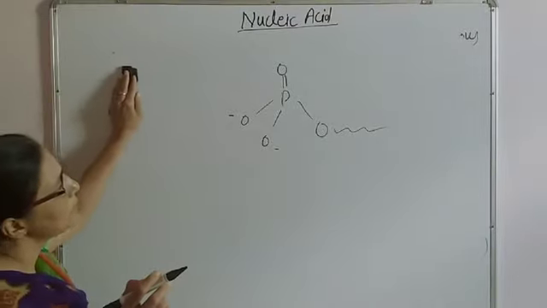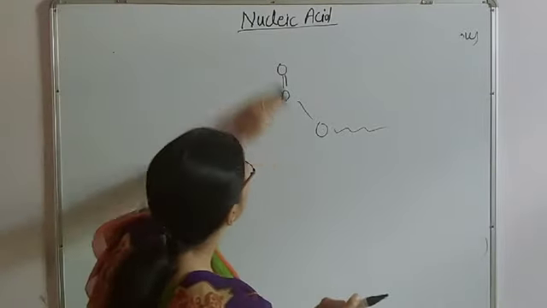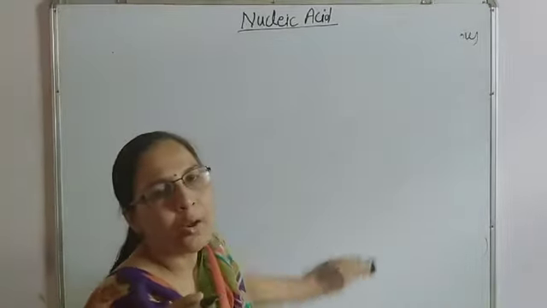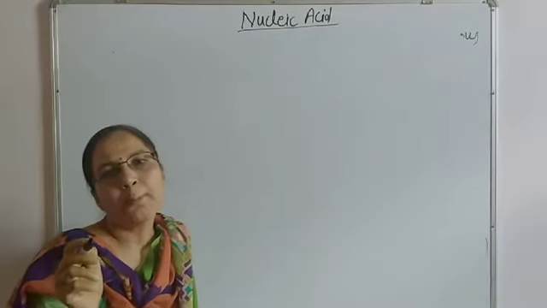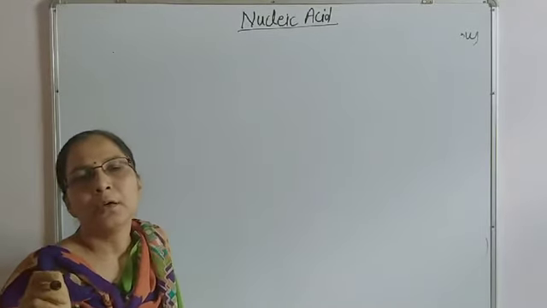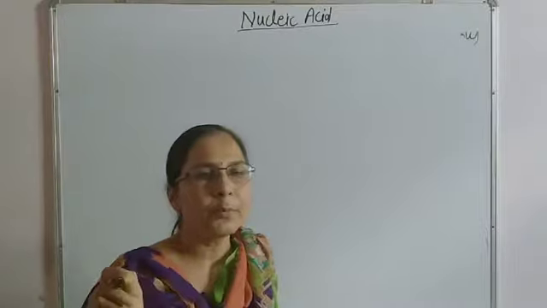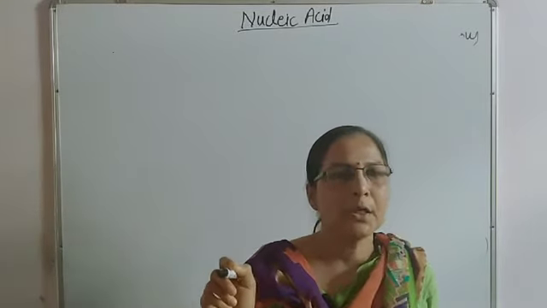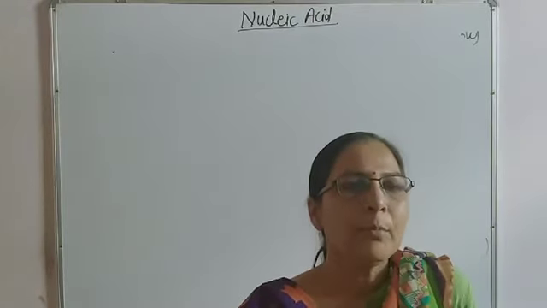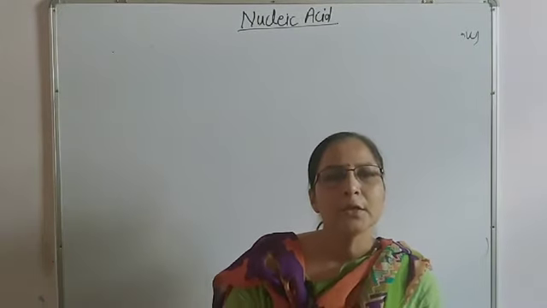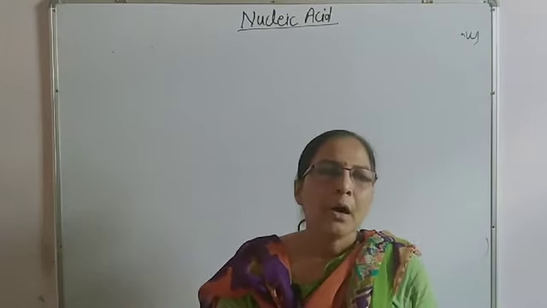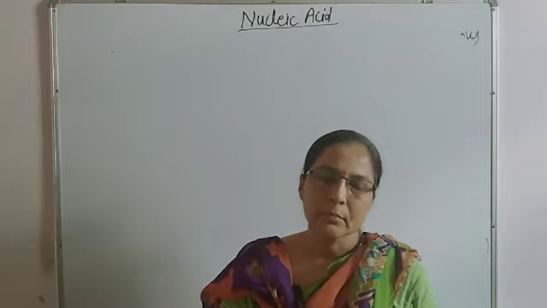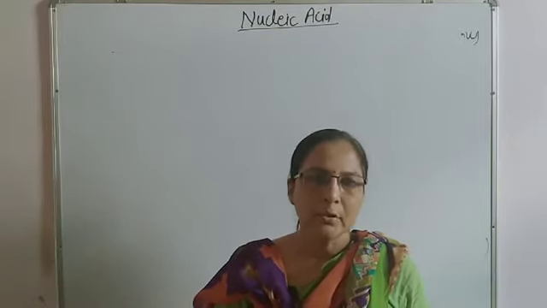Then next we are drawing all four possible bases present in DNA and RNA. The names of the bases are adenine, guanine, cytosine, thymine, and uracil.